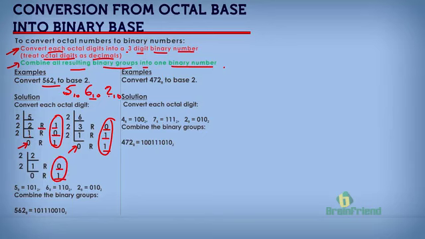We have 3 binary groups. The last step is combining them into one binary number. So 5 base 8 is 101 base 2. 6 base 8 is 110 base 2. And 2 base 8 is 010 base 2.